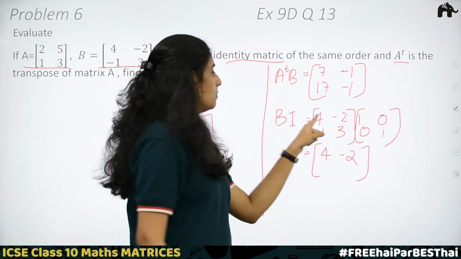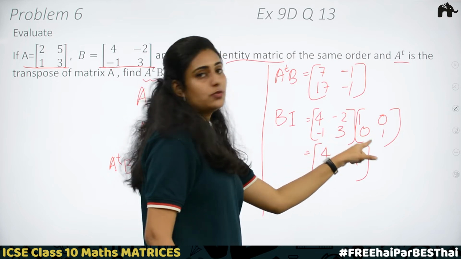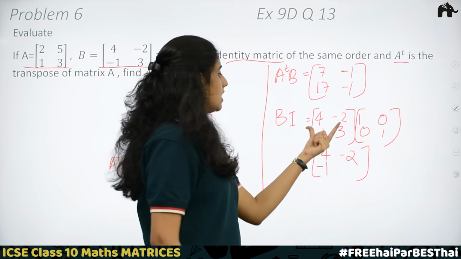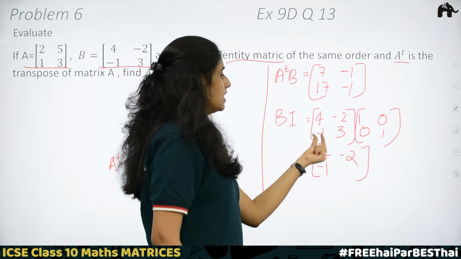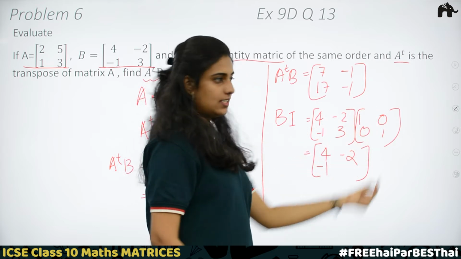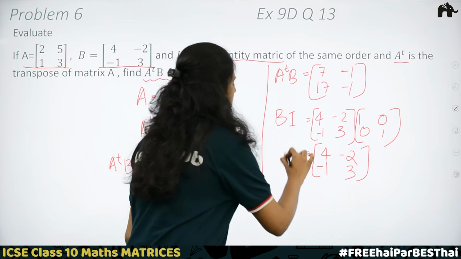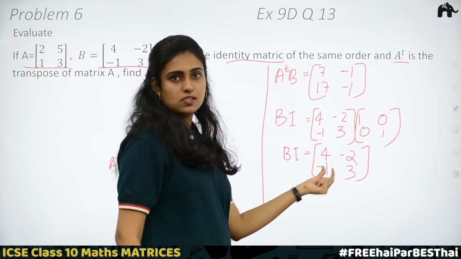Next element, minus 1 into 1, minus 1; plus 3 into 0, 0; so minus 1. Next element, second row and second column: minus 1 into 0, 0; 3 into 1, 3. This is the same as the matrix B. Yes, we got B into I equal to [4, -2; -1, 3].